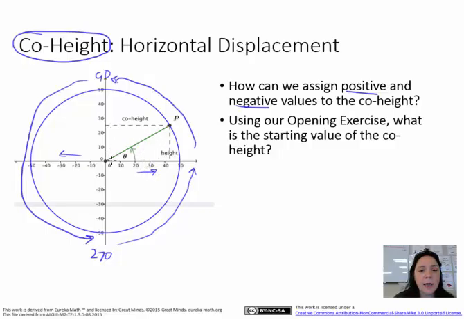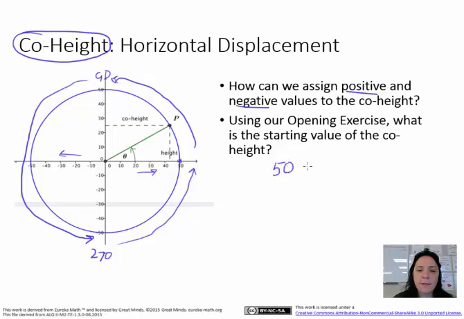So if we look at our radius here, we have a height function and a co-height function. The starting value of our co-height here is going to be 50 feet from the center of the circle or the Ferris wheel.